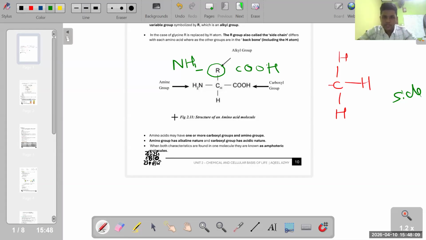Okay, so that property of having both acidic nature and basic nature is called amphotericness, or amphoteric nature. When both characteristics are found in one molecule, it is known as an amphoteric molecule. Is an amino acid an amphoteric molecule? Yes or no?